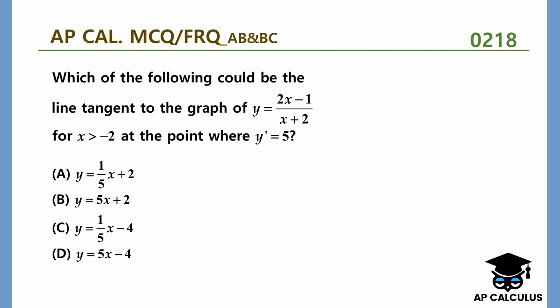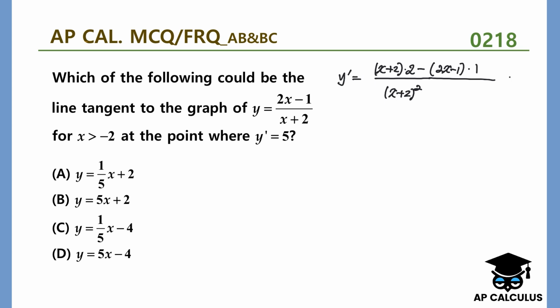Okay, so we have to find the point where y prime is equal to 5. So let's find the derivative of this. Okay, y prime is equal to, we have to apply the quotient rule, right? Denominator squared, low d high, low times derivative of high minus high d low, 2x minus 1 times derivative of low, which is just 1, right?